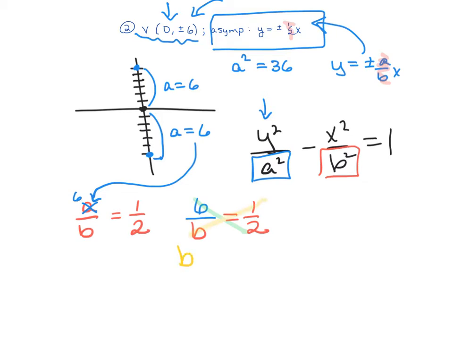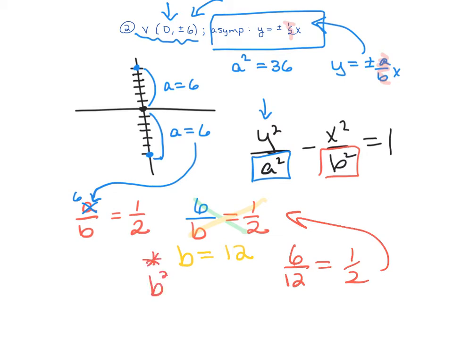So this gives me b equals 6 times 2, which is 12. So you can clearly see that 6/12 simplifies to that 1/2, which was in my asymptote. So now that I found that b equals 12, then I can square it, and b squared equals 144.